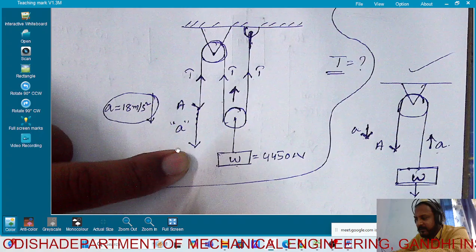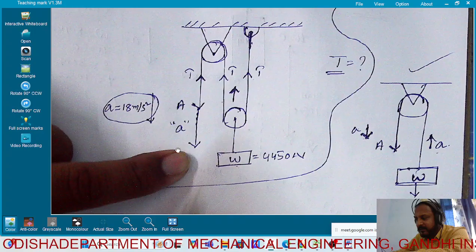Now let us substitute one by one. So 2T is equal to, clear? I am taking W to the other side, it becomes positive. So W plus W by 2g into a.